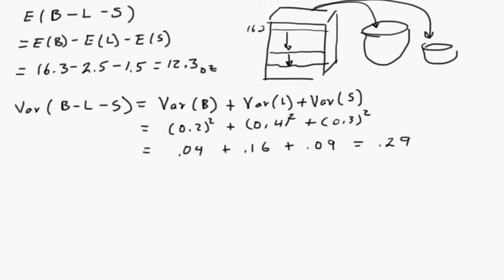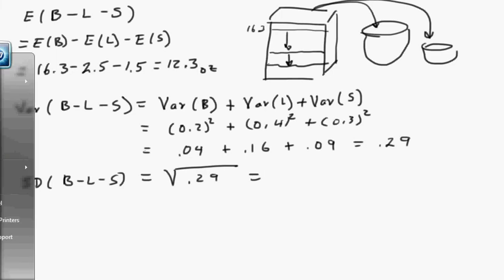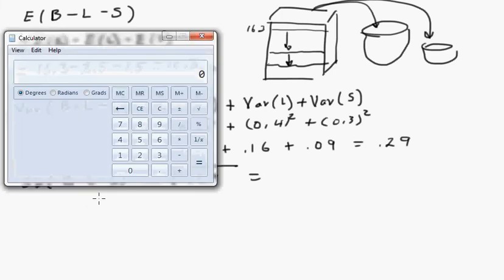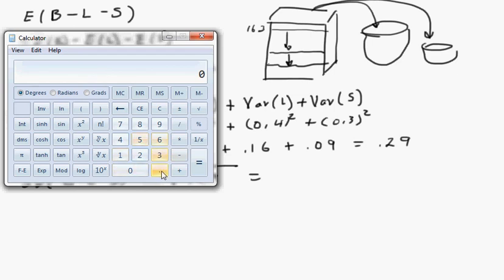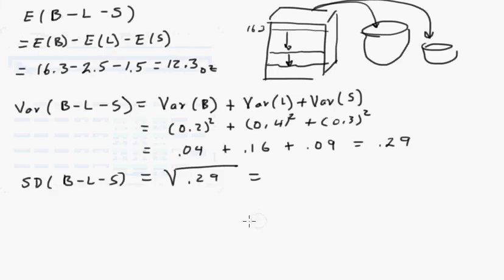And so the standard deviation is going to be the square root of that, 0.29. And this is where I just got to check because something doesn't look right. So what's 0.54 squared? 0.29. Yeah, that's going to work.